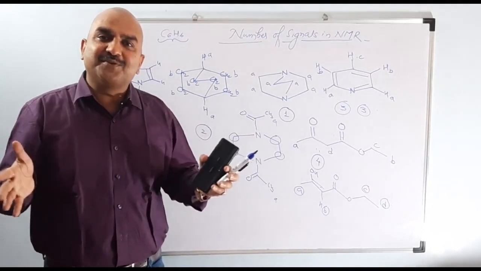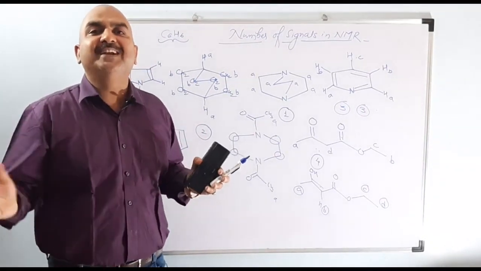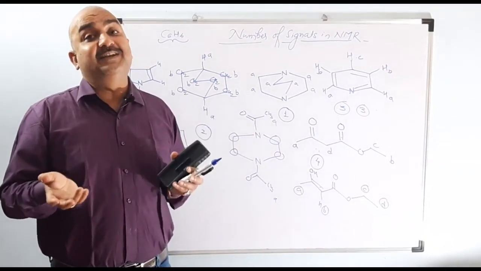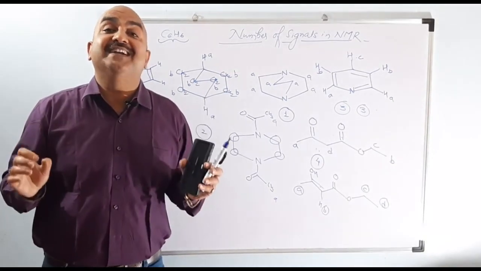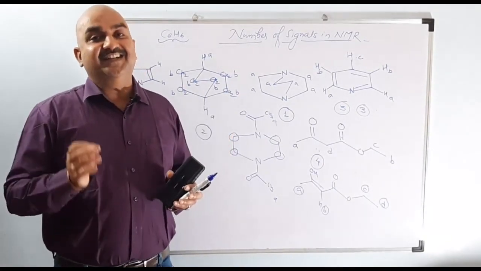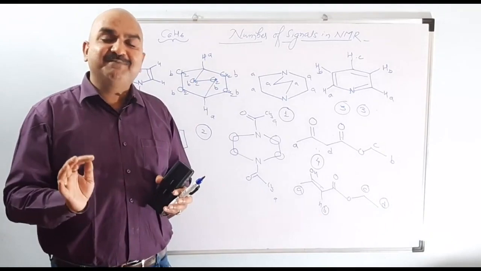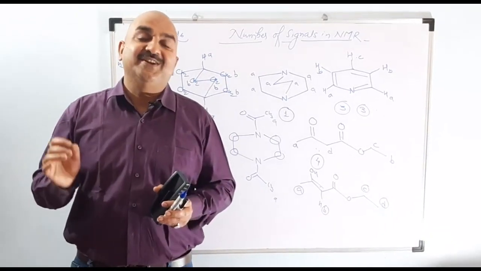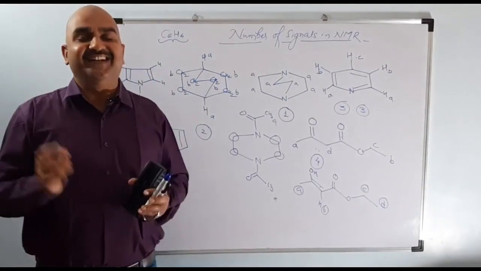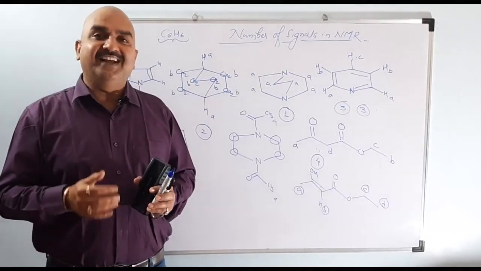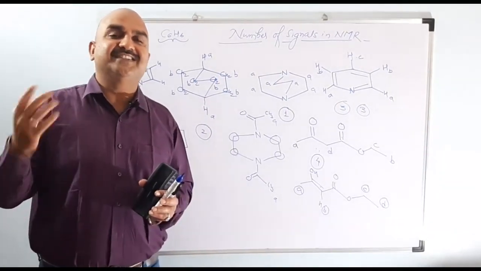But why, when these protons go into a different chemical environment, are they absorbing different magnetic fields? This phenomenon we can explain by the article known as shielding and de-shielding. So that article will continue in the next video.